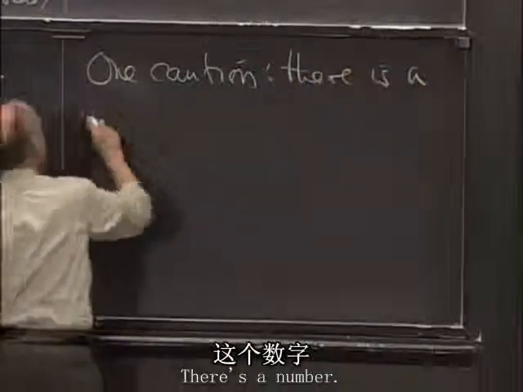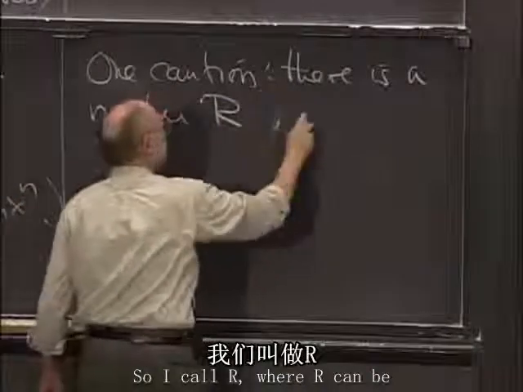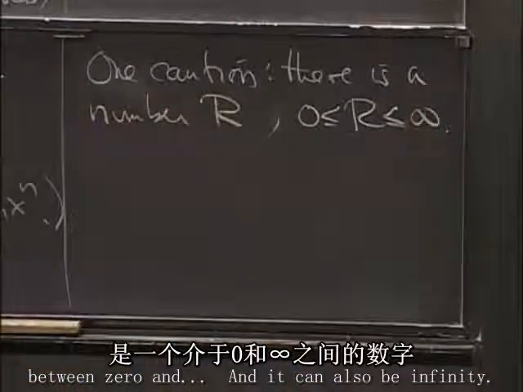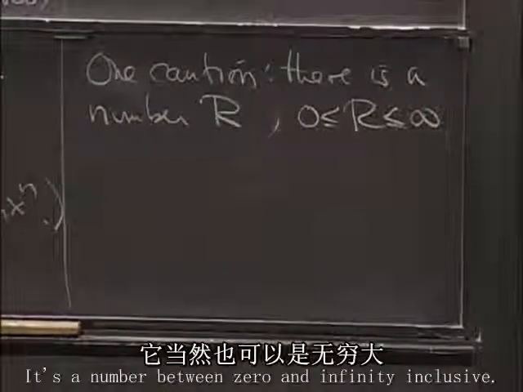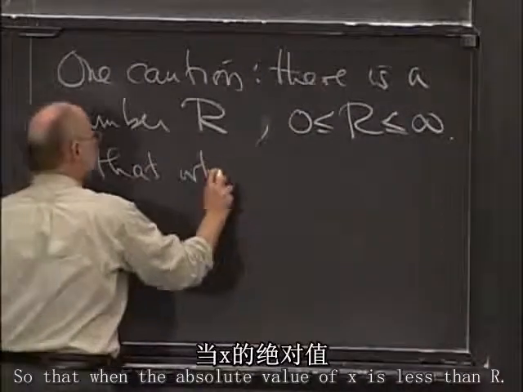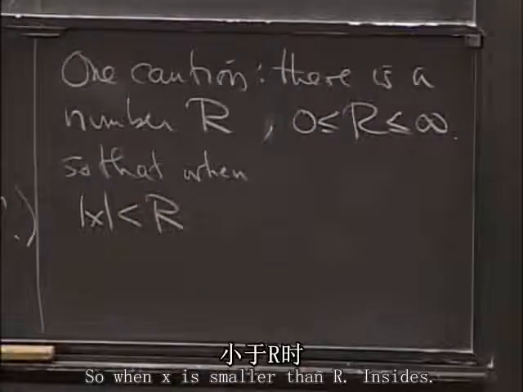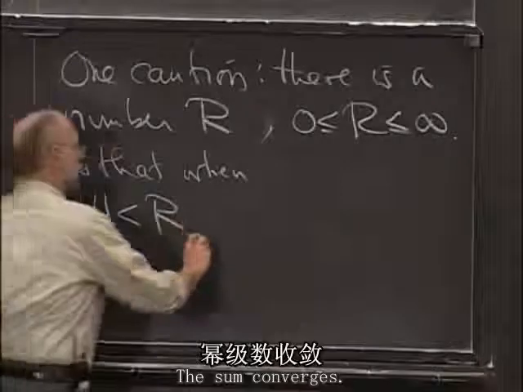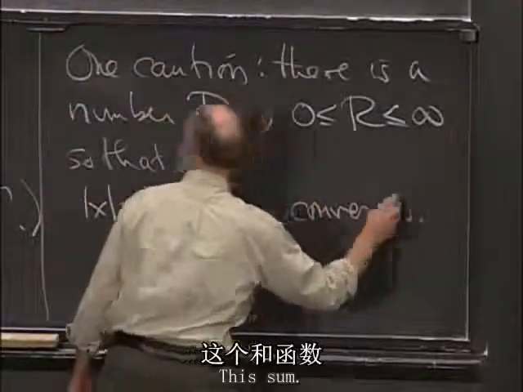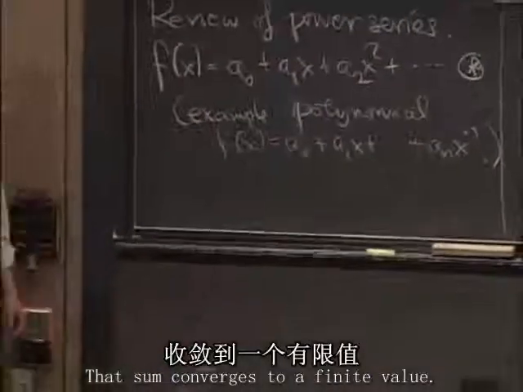There's a number, which I'll call r, where r can be between 0 and it can also be infinity. It's a number between 0 and infinity inclusive, so that when the absolute value of x is less than r, so when x is smaller than r in size, the sum converges. This sum, that sum, converges to a finite value.